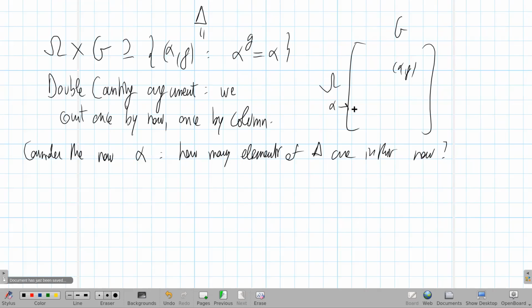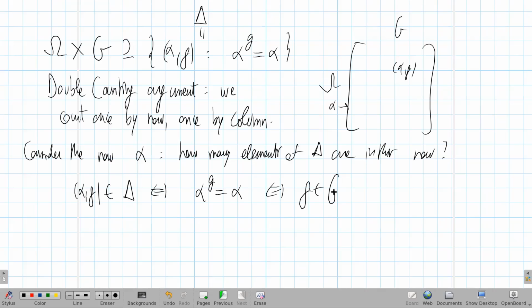So we fixed alpha. So alpha G, for alpha fixed, is in delta if and only if alpha to the G equals alpha, which means if and only if G is in the stabilizer of alpha, okay? So what we found is that the number of elements in this row is the size of G alpha, the stabilizer, elements of delta.